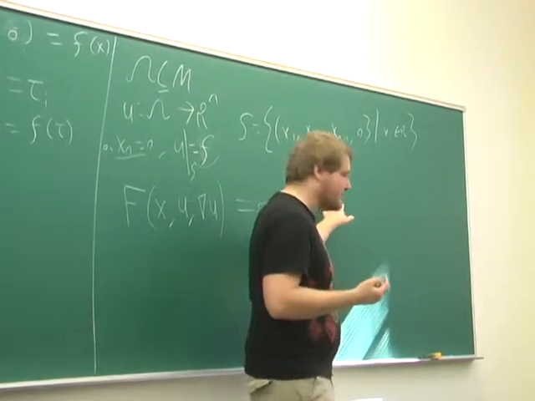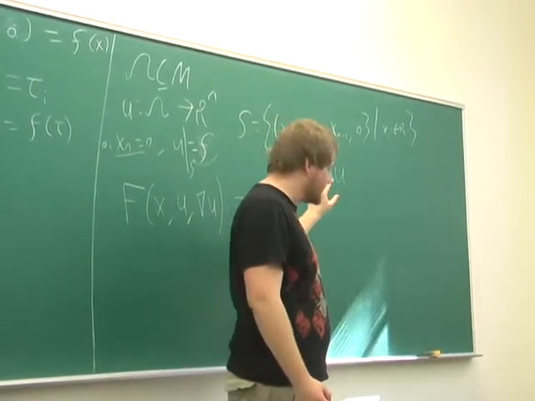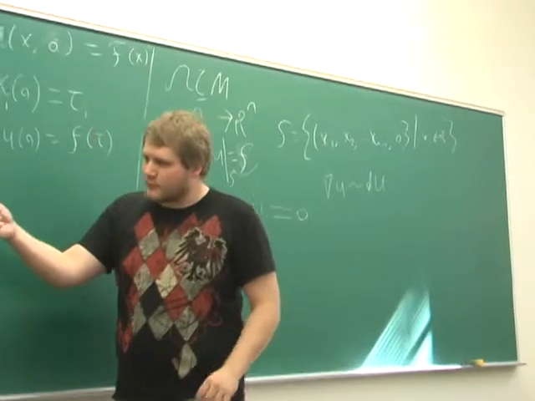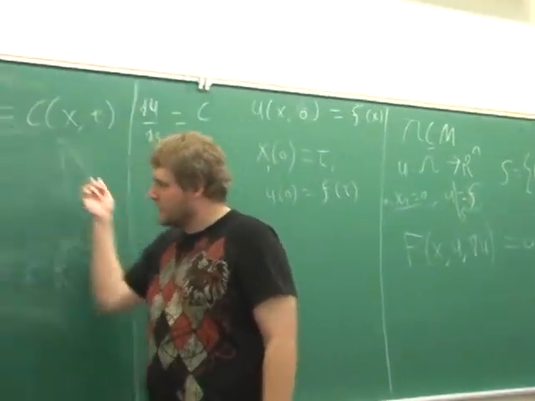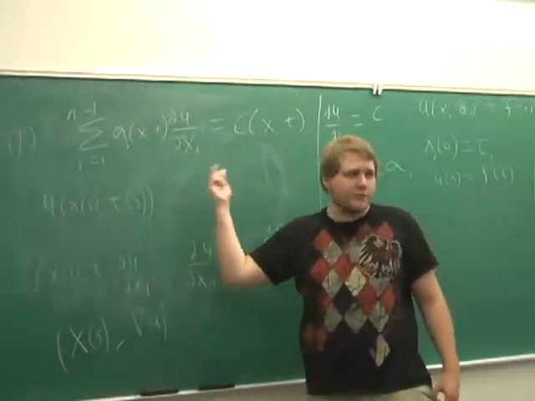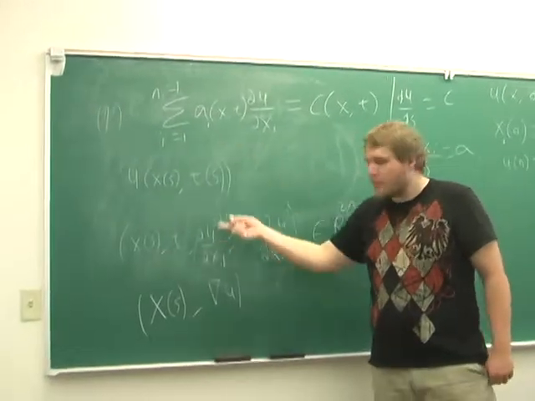I'm not sure if this makes much sense, but what this allows us to do is, like I've talked about the geometric perspective of this linear first-order equation, we can talk about it geometrically.